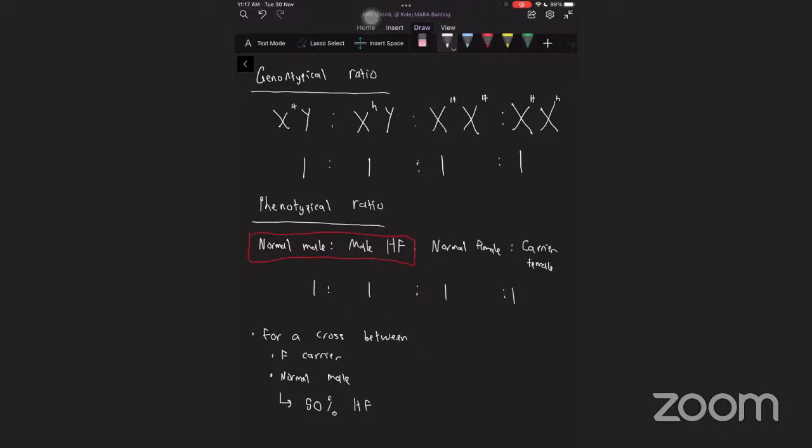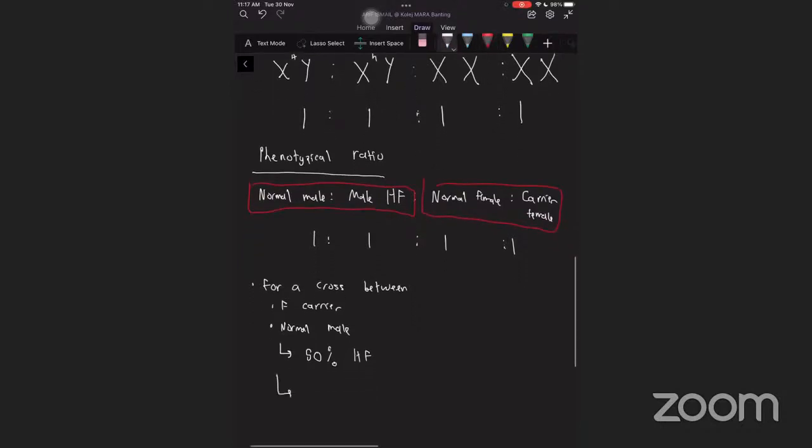That's a very high chance actually when you look at it. And for the same set of parents, there would be another 50% chance of having a daughter who is a carrier.